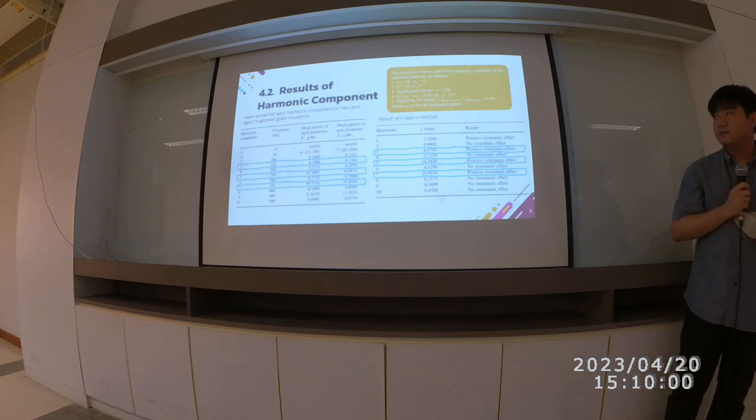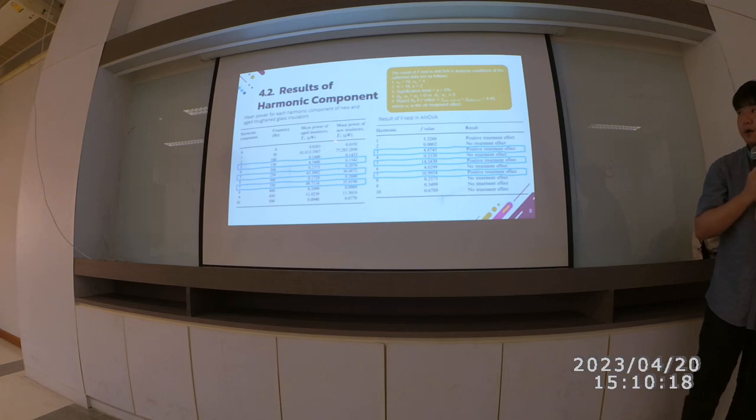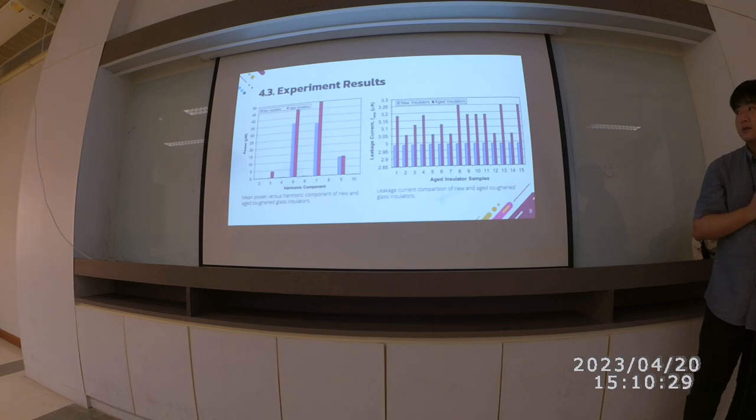And from the statistical point of view, we can see that harmonic order numbers 3, 5, and 7 show a positive treatment effect, and the mean power of the aged insulator is higher than the new insulator.